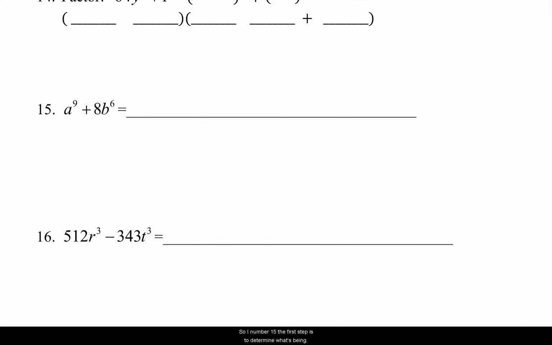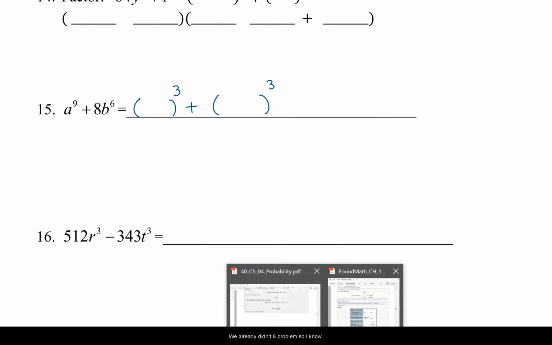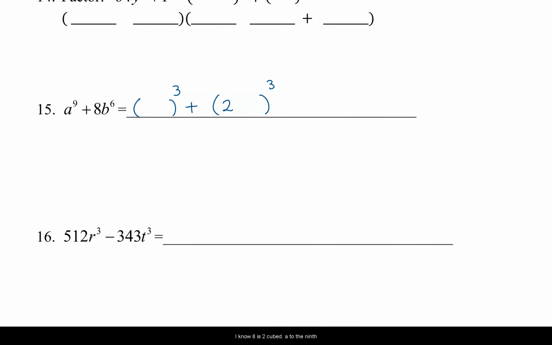So on number 15, the first step is to determine what's being cubed. We already did an 8 problem, so I know 8 is 2 cubed. A to the 9th is actually a to the 3rd, cubed. And if you remember from previous classes, if we have exponents raised to exponents, we would multiply them.